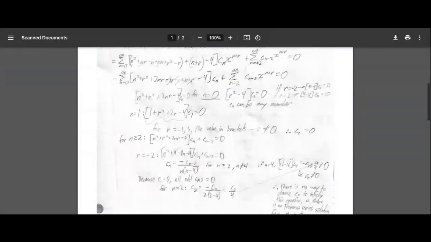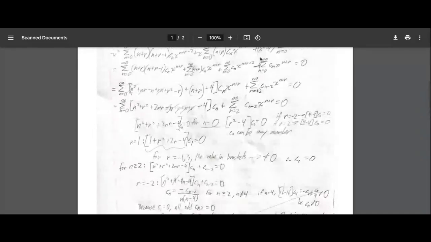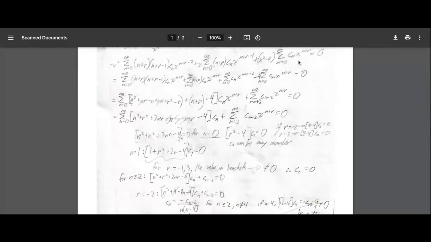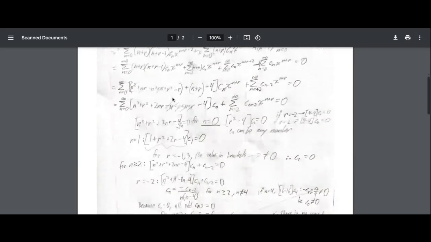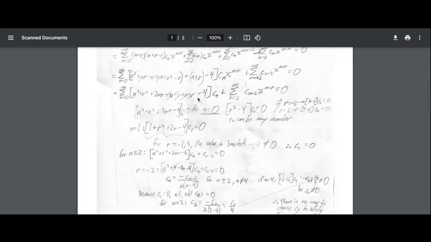I adjust my index to start at n equals 2 for this x squared going into the c of n x to the n plus r, which is just the y, right? And then I put all my x to the n plus r's together. I do some math. It works out not bad.